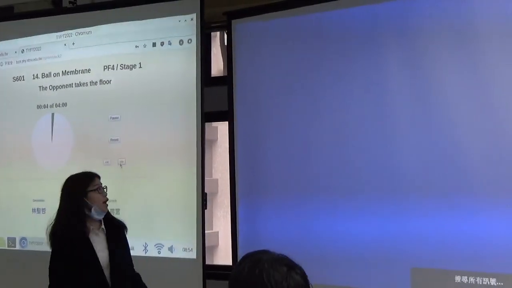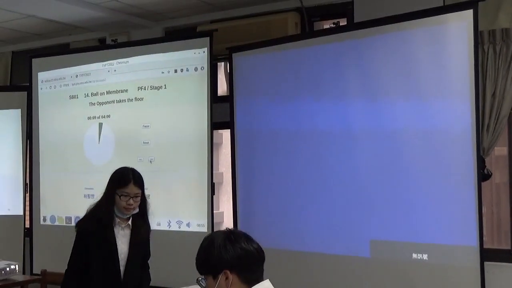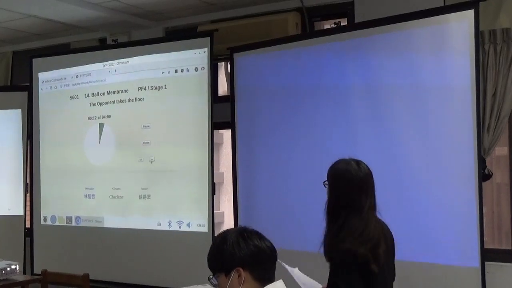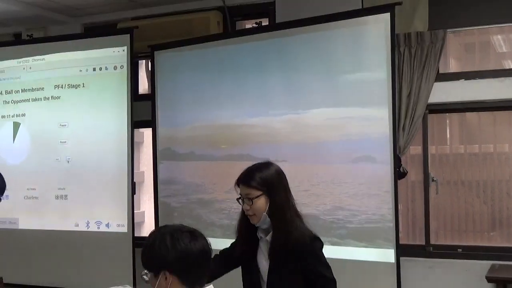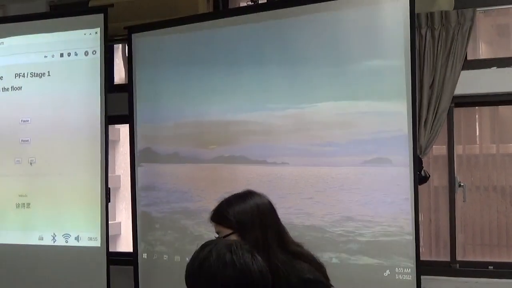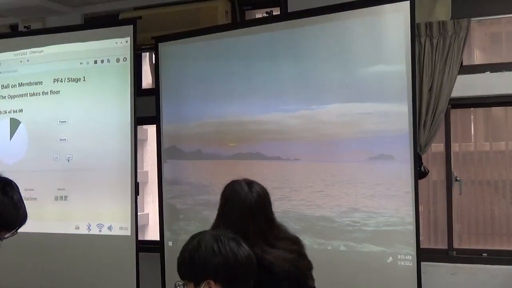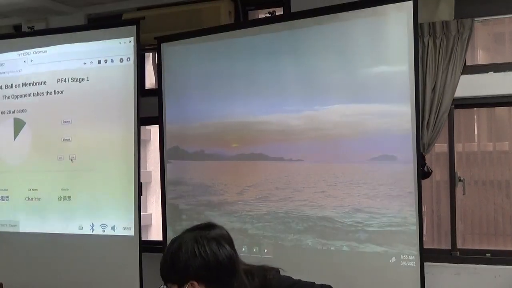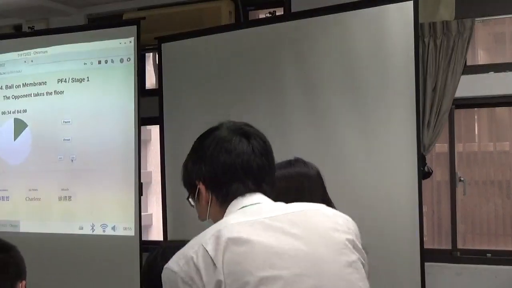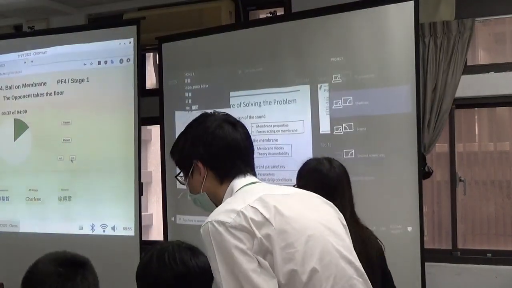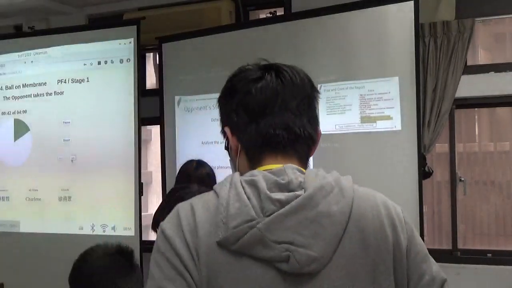Today I'm the opponent for problem 14, the ball membrane. When dropping the ball on the membrane, our ideal structure for solving the problem is: first determine the origin of the sound, then determine the membrane properties and forces acting on the membrane.